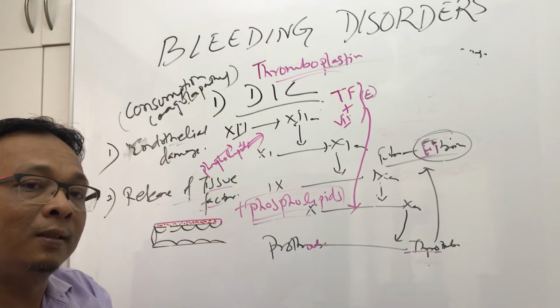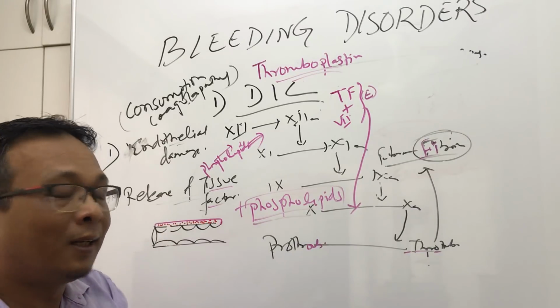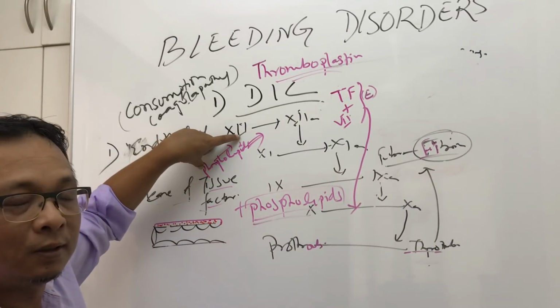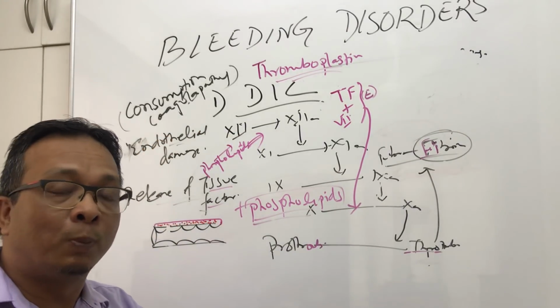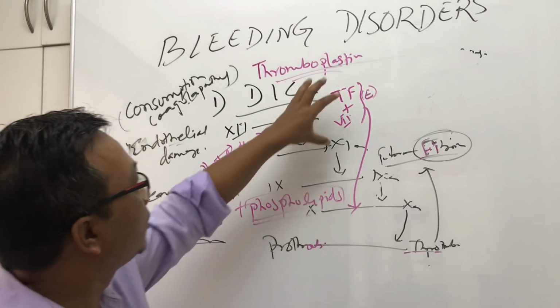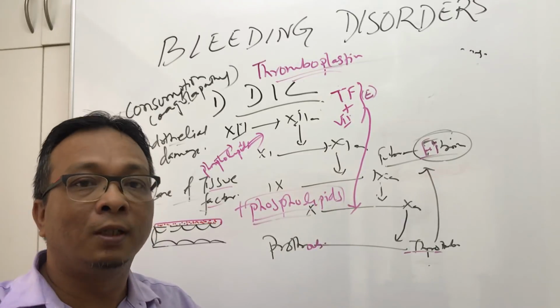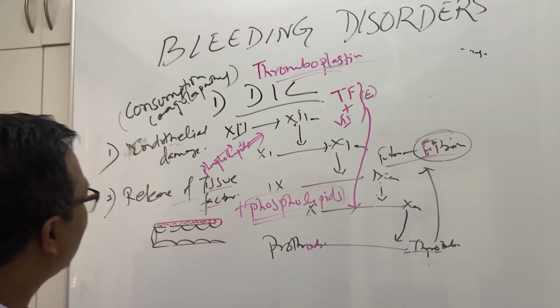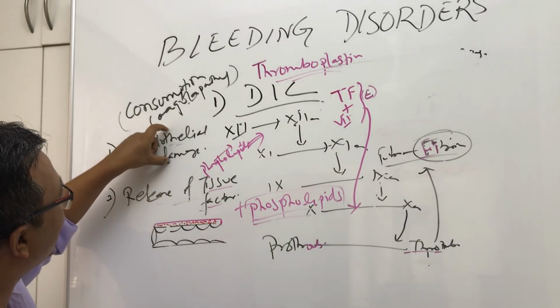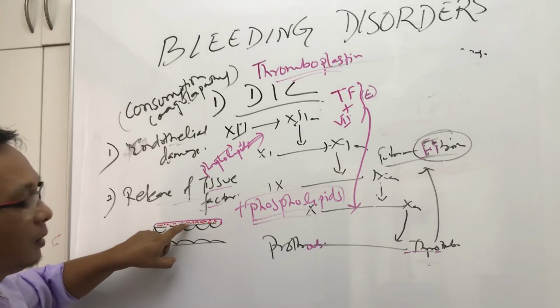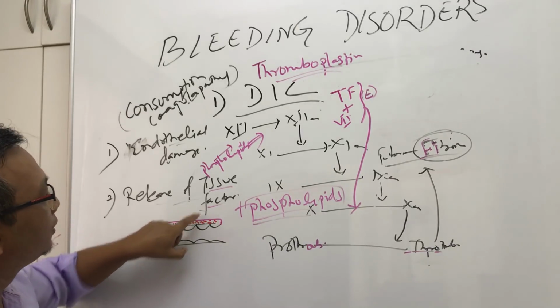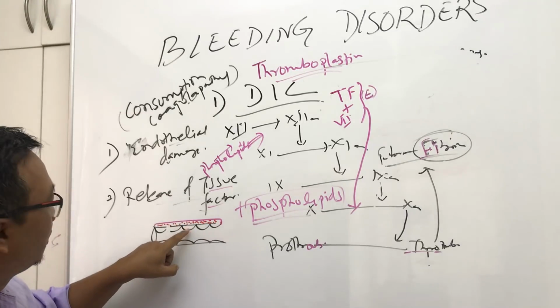So when we analyze the phospholipids, we are talking about partial thromboplastin time. And when we are talking about the thromboplastin that is stimulating this pathway, we are talking about complete thromboplastin time.